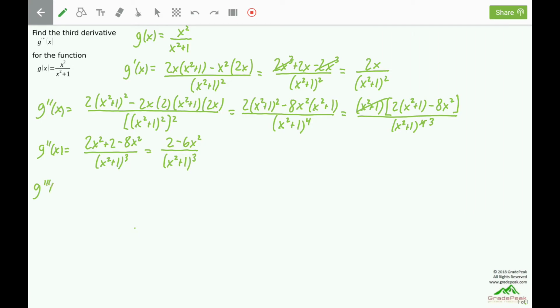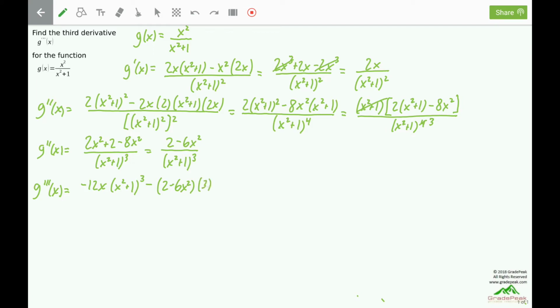Our third derivative will once again be a quotient rule, since we have a quotient of functions in our second derivative. So we will have the derivative of the numerator. The 2 will be a 0, and the negative 6x squared will be a negative 12x, times the denominator left alone, so x squared plus 1 cubed, minus the numerator left alone, the entire quantity, times the derivative of the denominator, which is going to be a power rule.